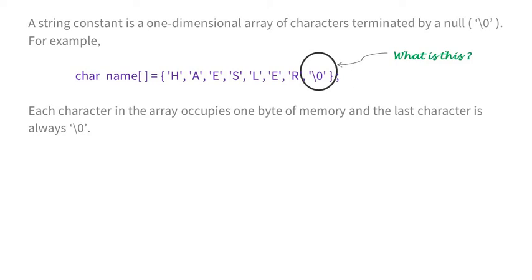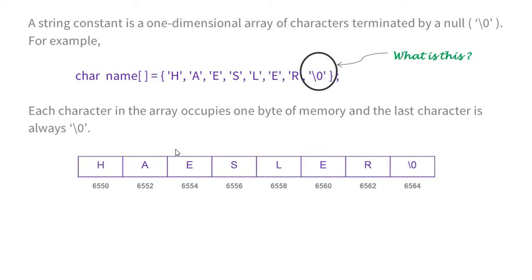If I declare an array of characters, then that many bytes will be occupied in memory. For example, over here you can see 1, 2, 3, 4, 5, 6 and 7, so total 7 characters. So 7 bytes of memory will be reserved for this array named name.